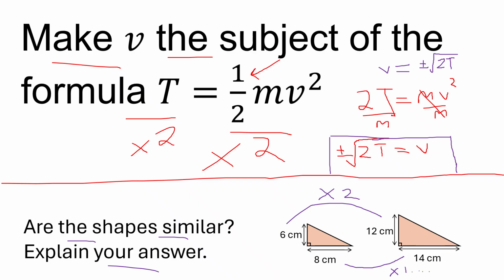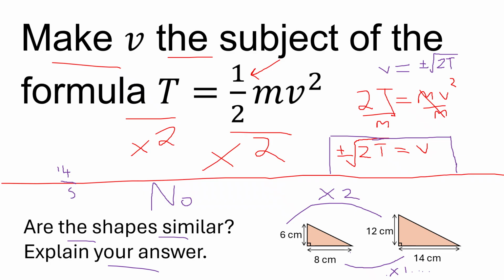Because we're multiplying by different numbers, the scale factor is not consistent, so the shapes are not similar. So no, because to go from 6 to 12 we times by 2, but to go from 8 to 14 we times by 1 point something, which is less than 2.